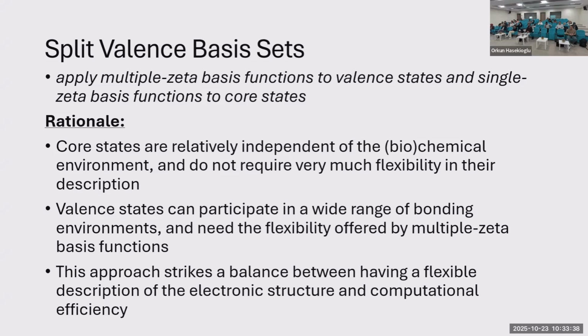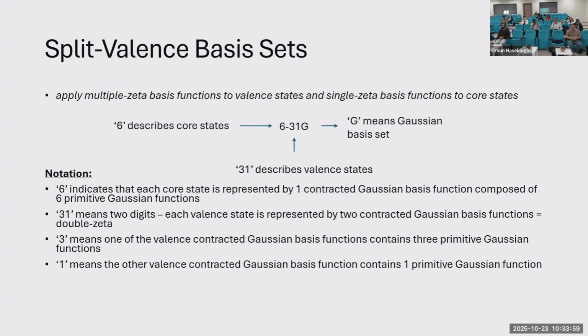The valence states, on the other side, can participate in a wide range of bonding environments and need the flexibility offered by multiple zeta basis functions. This approach strikes a balance between having a flexible description of the electronic structure and computational efficiency.